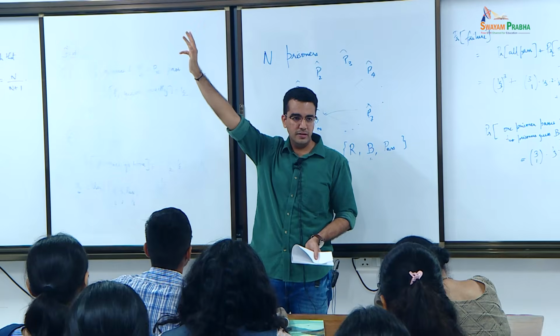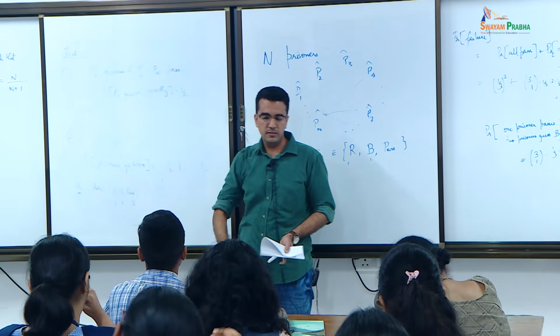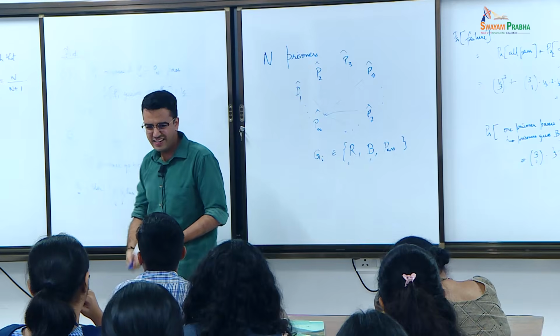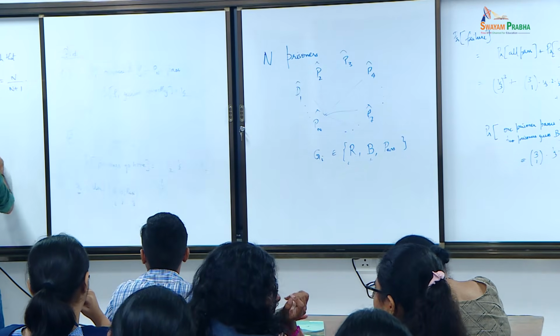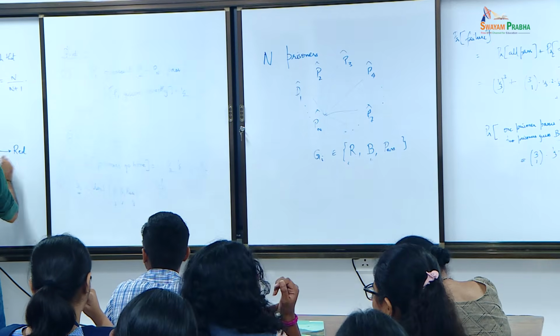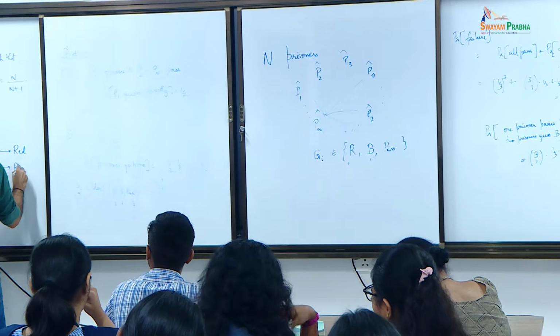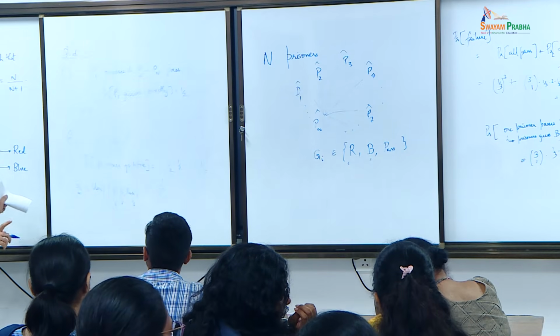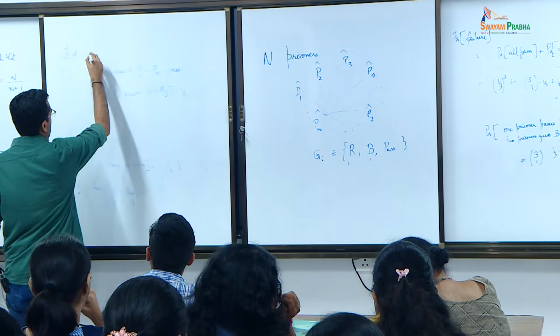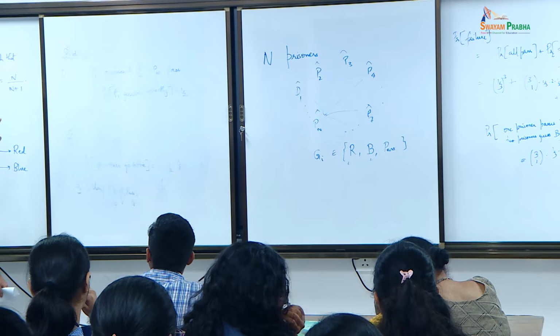Totally how many? 8 possibilities. So let's write down the 8 possibilities. I'm going to call 0 as red and 1 as blue going forward. Okay? 0 is red, 1 is blue. So what are the possible configurations?